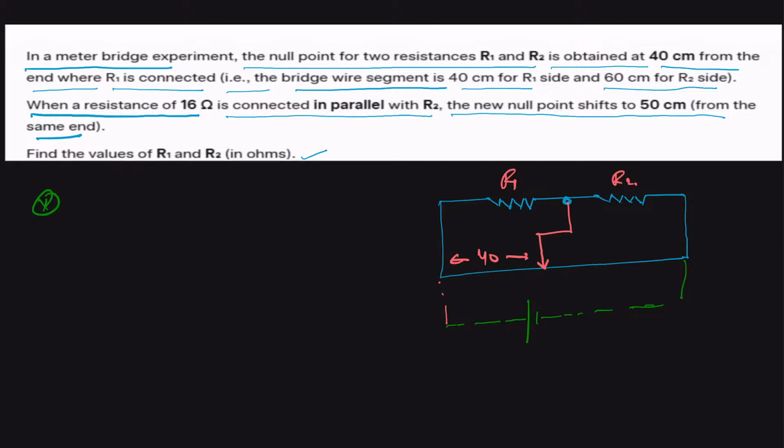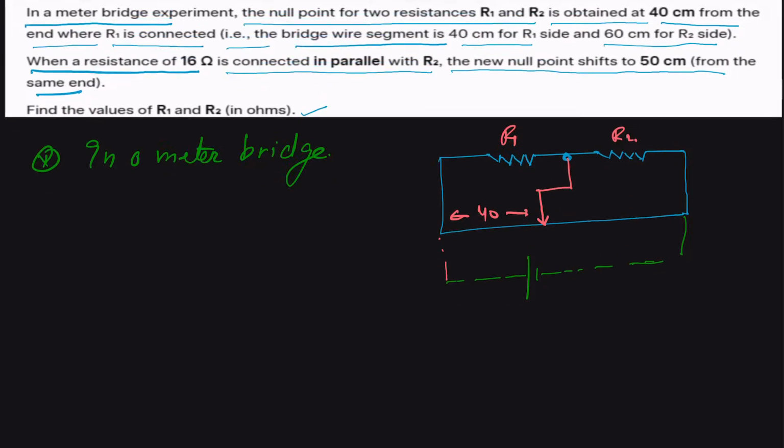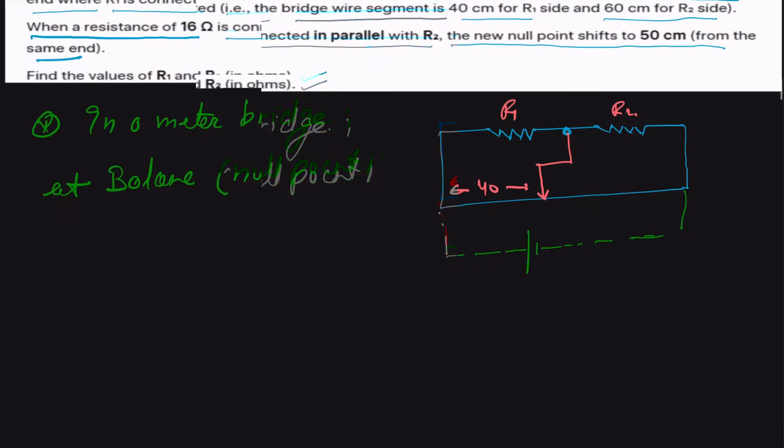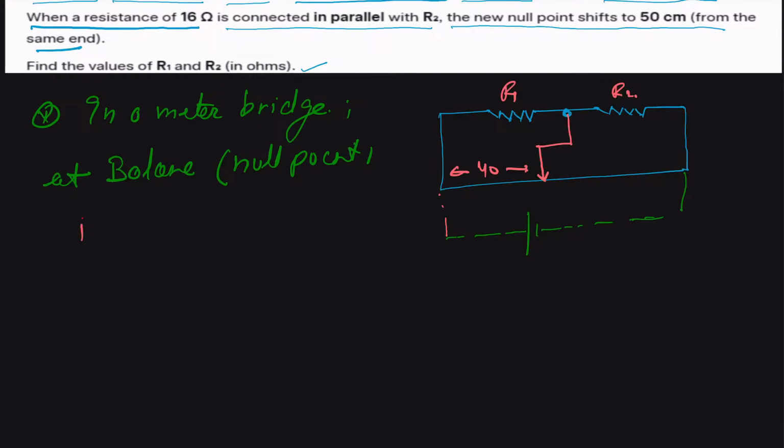Therefore, we can say that in a meter bridge at balance, that is, at our null point, we can write R1 upon R2 is equal to L1 upon L2.